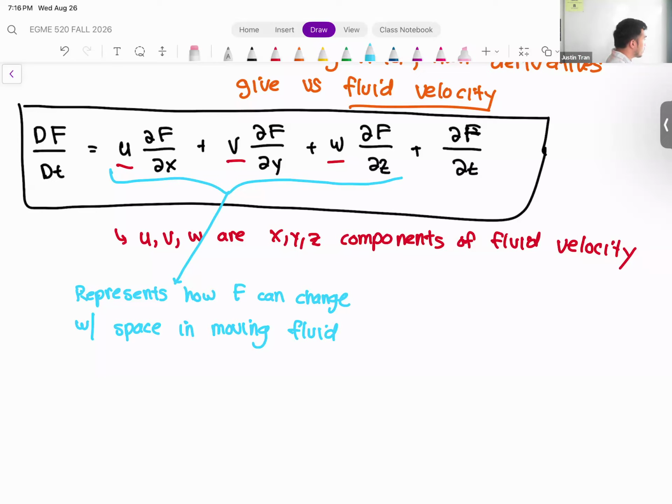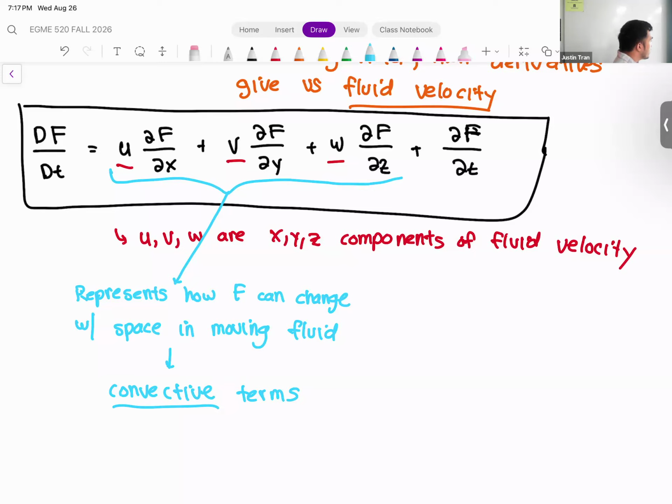And so this group of terms here has a name. Just to make it easier to refer to them, we call these the convective terms. So hopefully that term rings a bell. You've probably heard of the concept of convection before, maybe in your fluids class, but almost certainly in your heat transfer class.